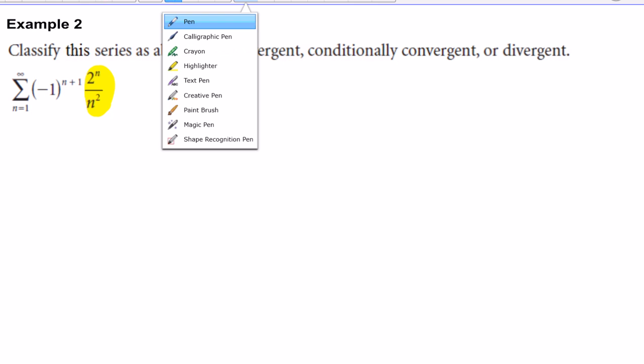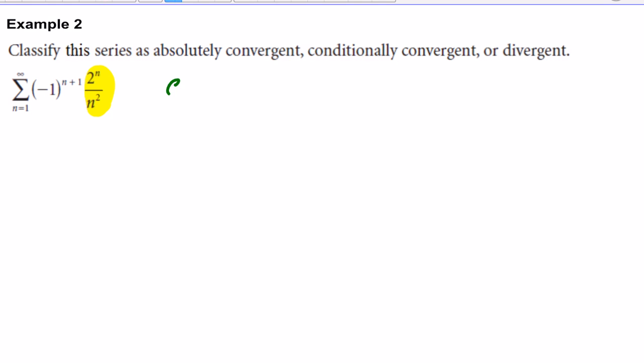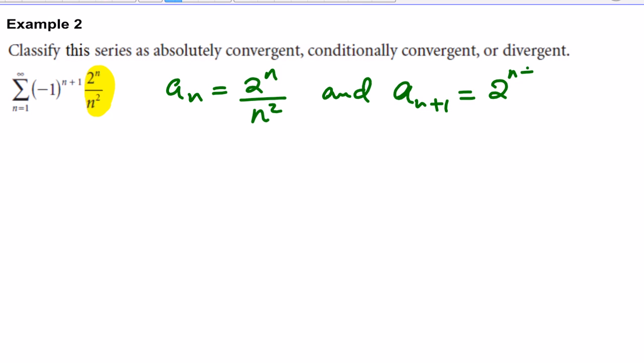So I'll go ahead and say my s_n is equal to 2^n over n squared, and s_(n+1) is equal to 2^(n+1) over (n+1) squared. And then we can carry on.